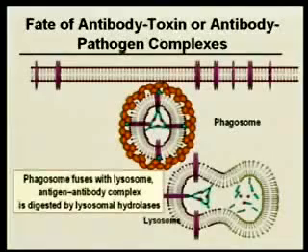And that's basically shown here. What you have, again, is a complex, the antibody with a toxin, it's endocytosed, the phagosome then fuses with the lysosome, and then this complex is digested and cleared.